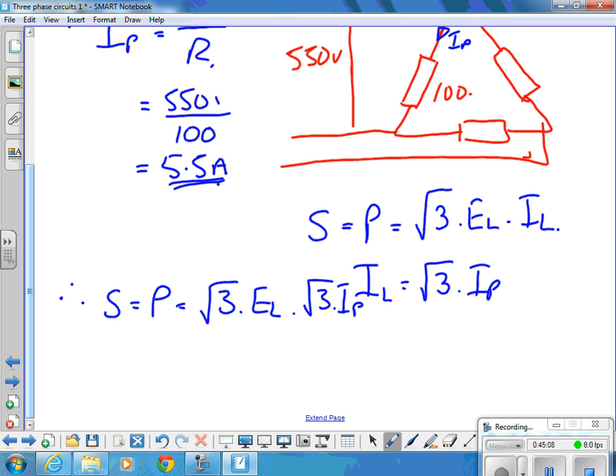Agreed? And those two cancel out, don't they? They become 3. Root 3 times root 3 is 3, isn't it?